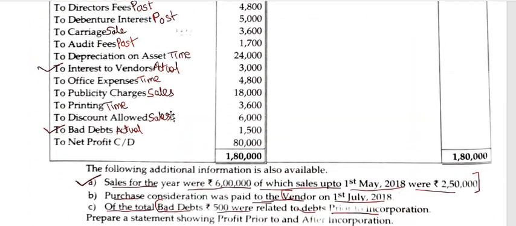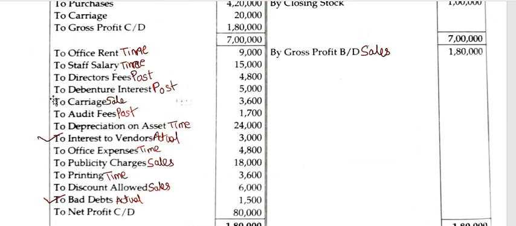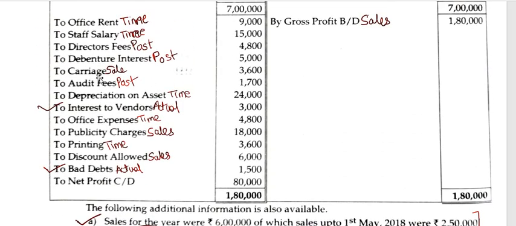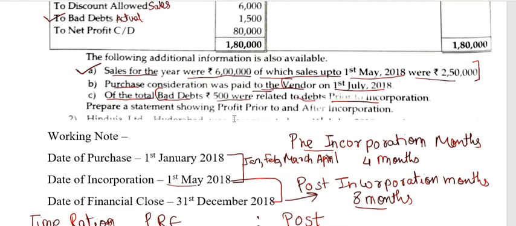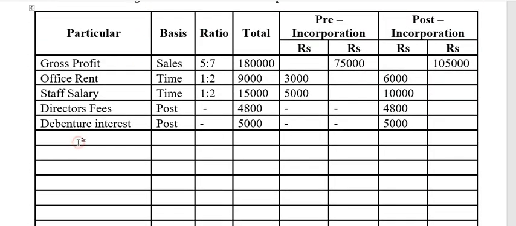After debentures interest, carriage is to be allocated on the basis of the sales ratio, and the amount of carriage is 3,600. The basis is sales, the sales ratio is 5:7, and the carriage amount is 3,600.